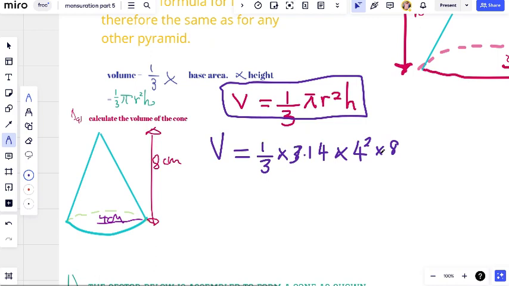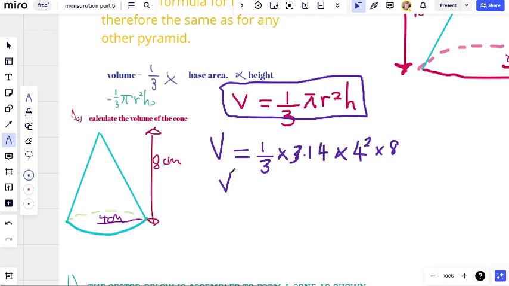You multiply the numerator first, then you divide the answer by 3. 1 times 3.14 times 16 times 8, then we divide the answer by 3. So what do we get?